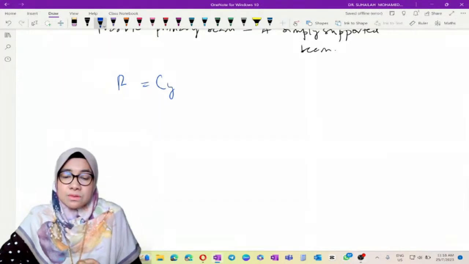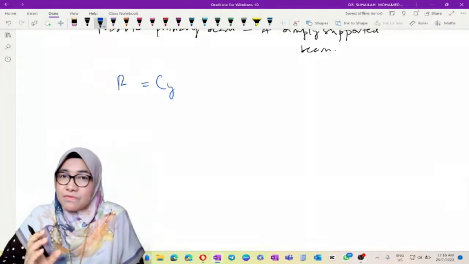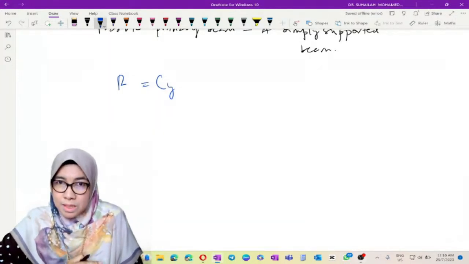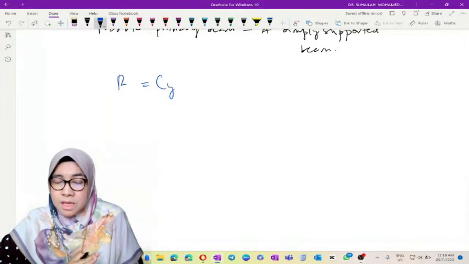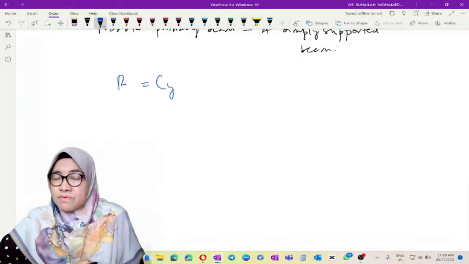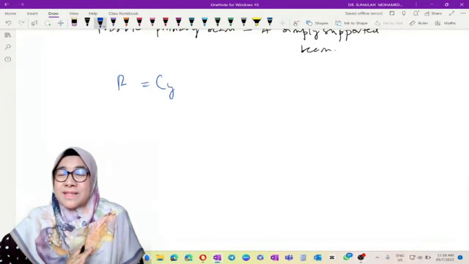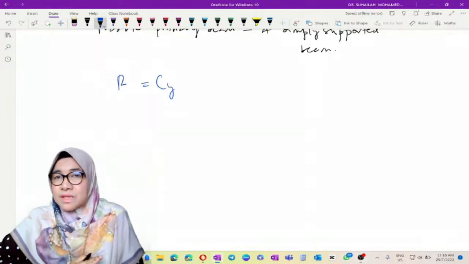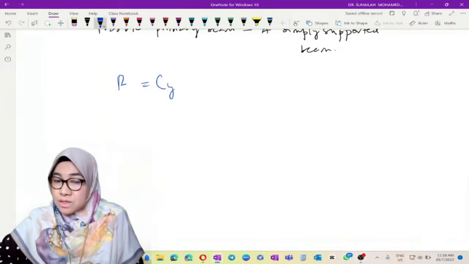CY is the vertical force, and the pair for the vertical force is the vertical displacement or deflection.